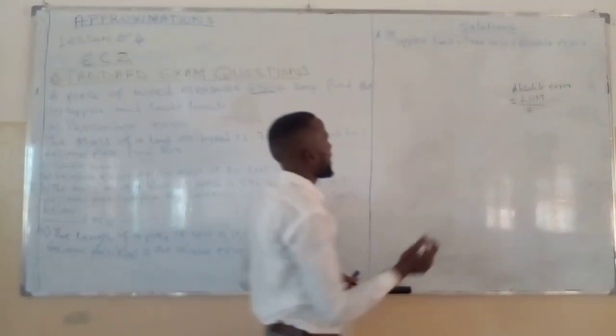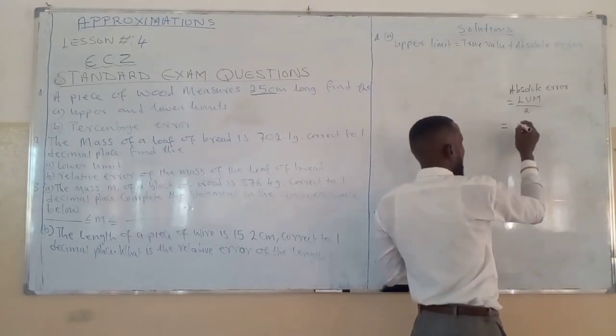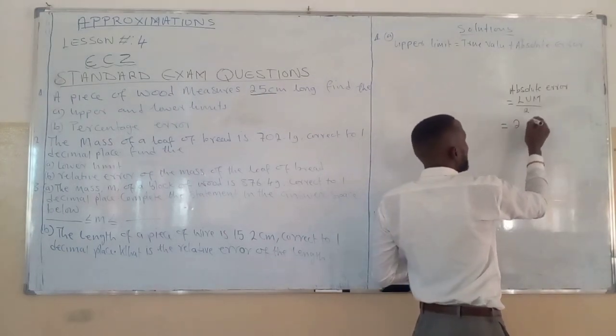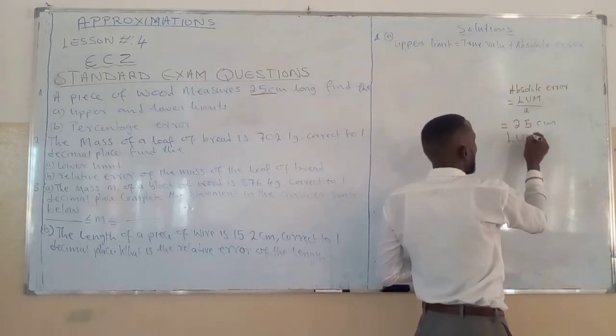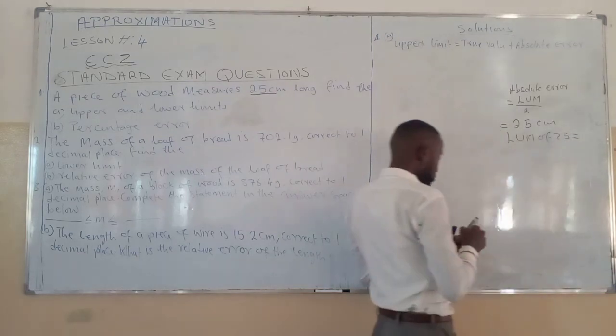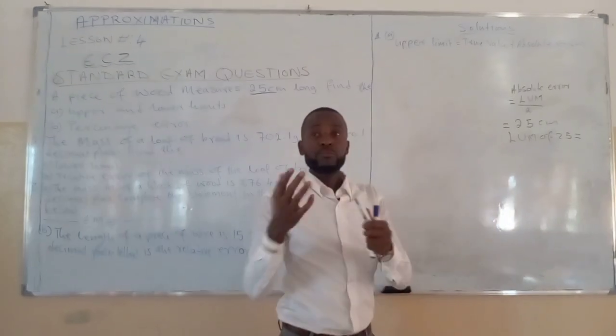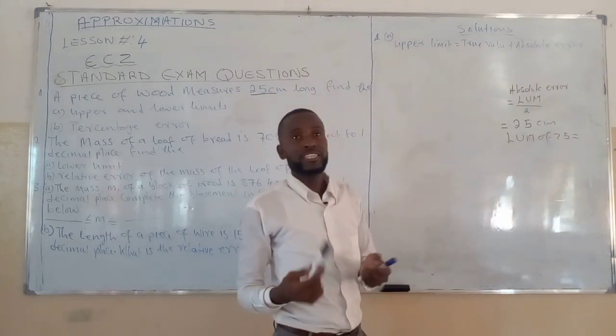So let's look at the number. They have given me 25 centimeters. What is the LUM of 25 centimeters? It is something not new again; you have learned about the least unit of measurement.